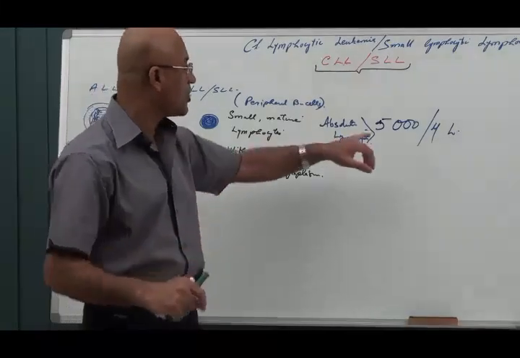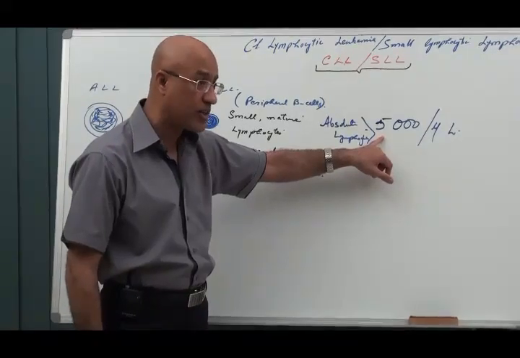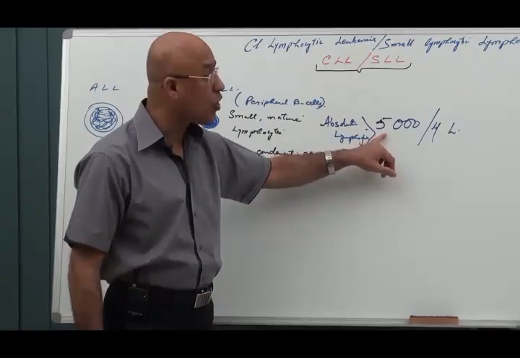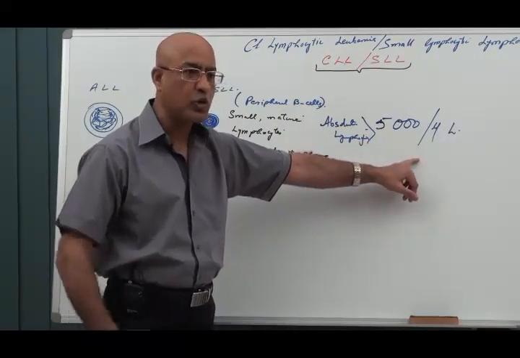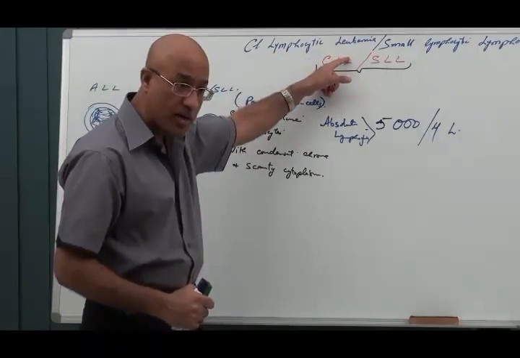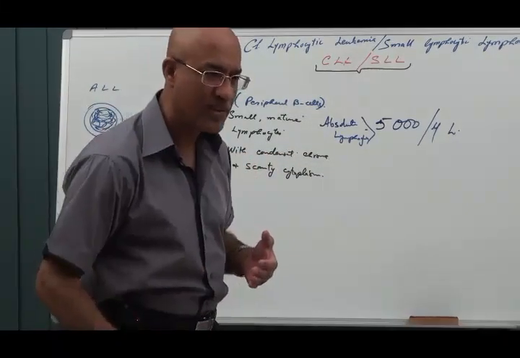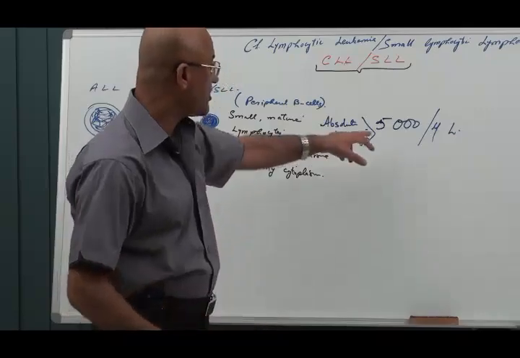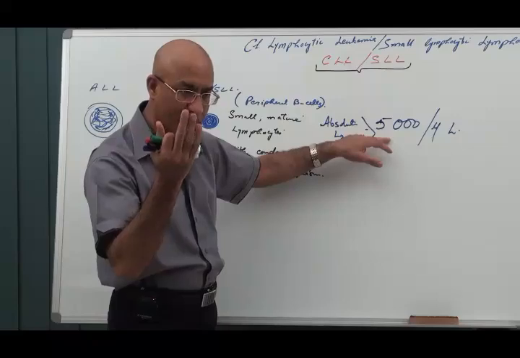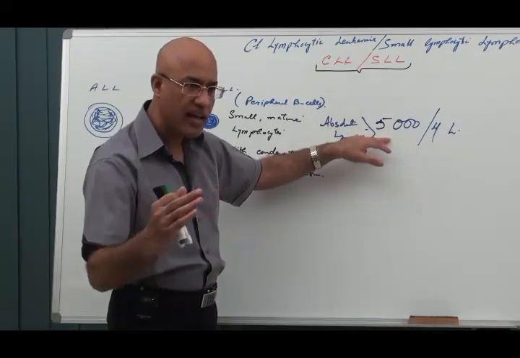The answer is, the majority of the authorities believe that when in the peripheral circulation the absolute lymphocyte count is 5,000 or more per microliter, you must consider chronic lymphocytic leukemia. And of course this elevation should be sustained over time. These are leukemic, neoplastic cells, so they should show sustained elevation.